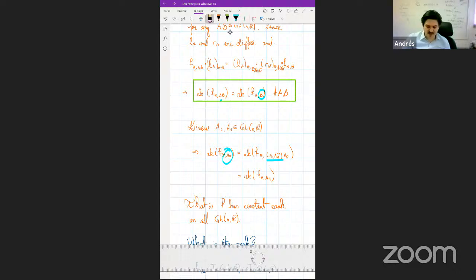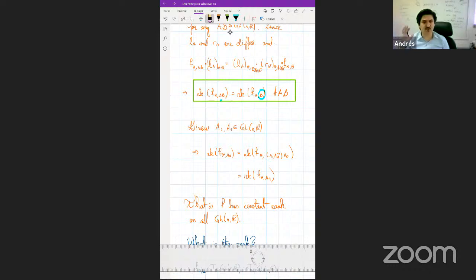So the rank at any 2 points is the same. That means that F has constant rank, not only in a neighborhood of the preimage of the identity matrix, but on all of the domain.